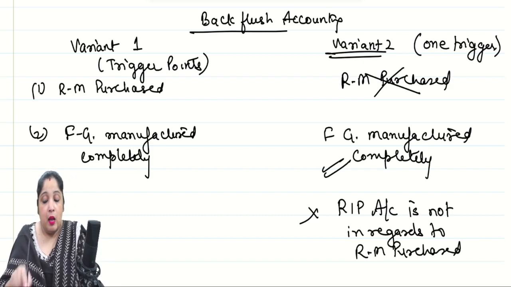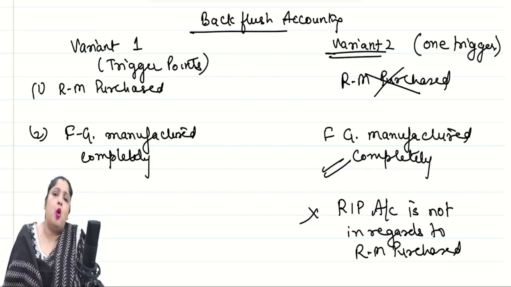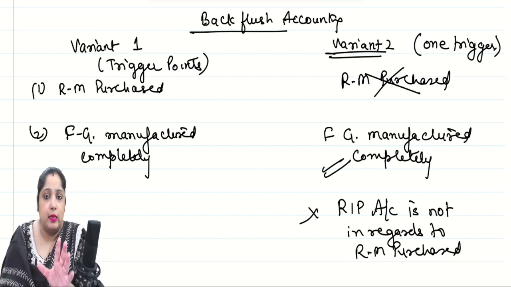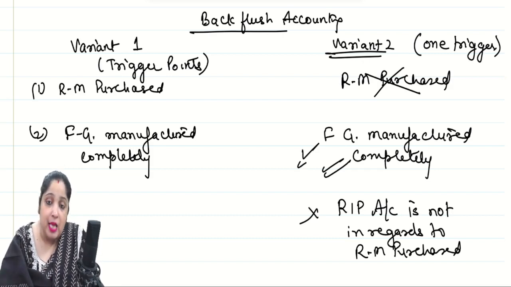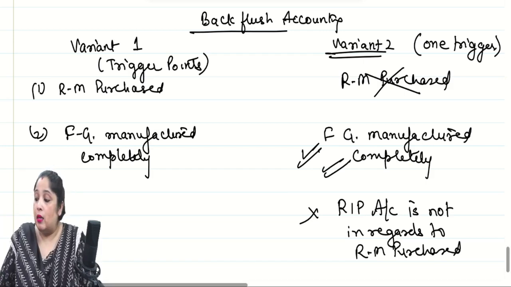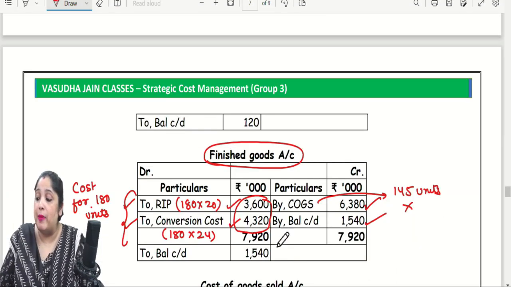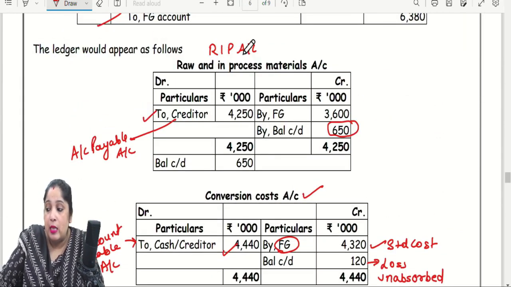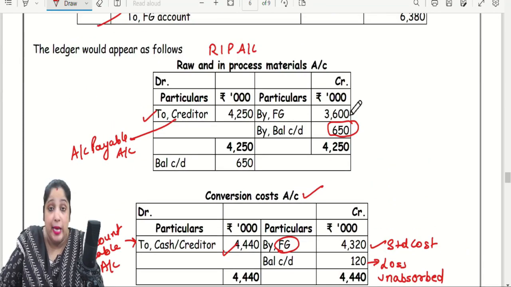Because variant 2 says that we just want to know how much standard cost is there of finished goods manufactured. That is it. So they pass entry after making finished goods. So what happens is that partial accounts are made. Like you made the raw material in process account, whatever raw material you have, only this raw material of 3600 will be shown, which you find out when finished goods are made.